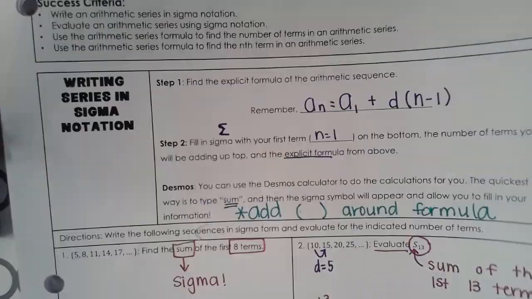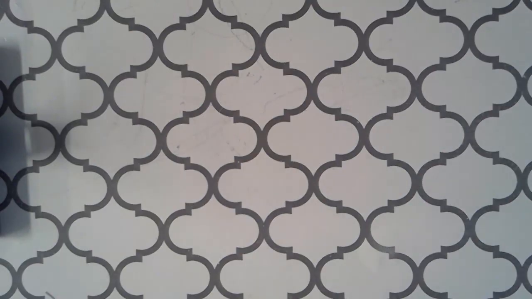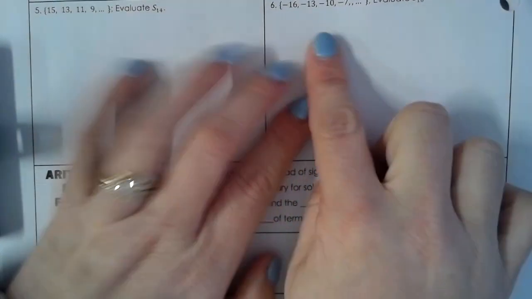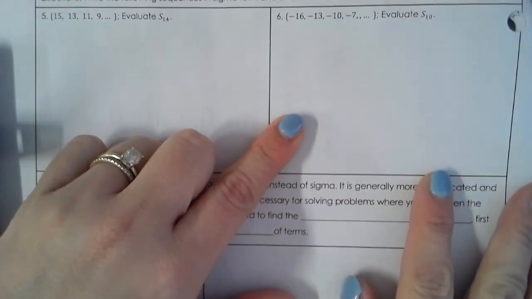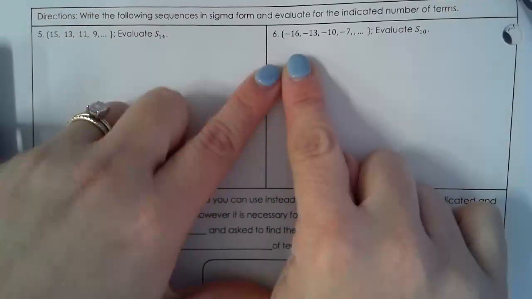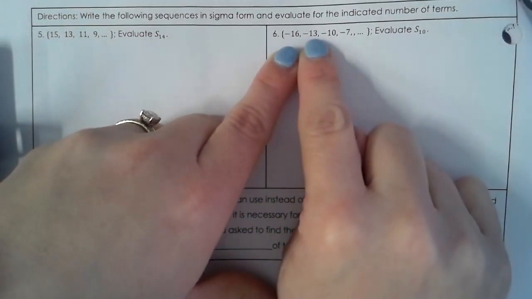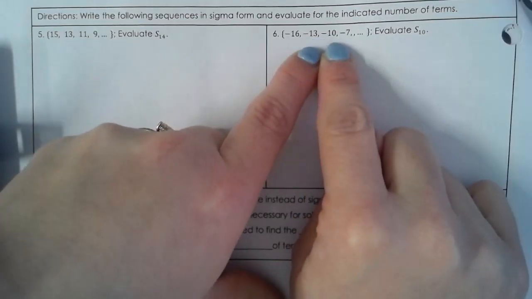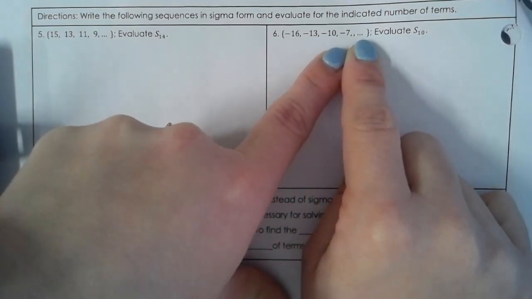Just for the sake of time, let's skip back, and we'll just do one more together. Let's do number 6. Here we're going from -16 to -13, -10, -7.